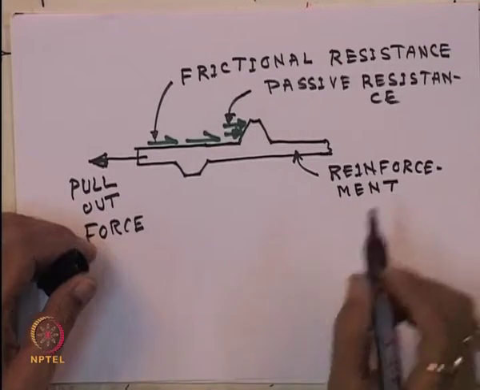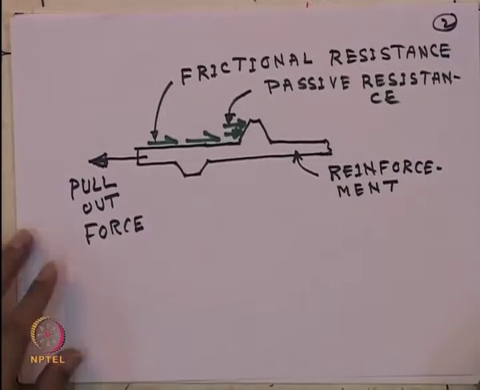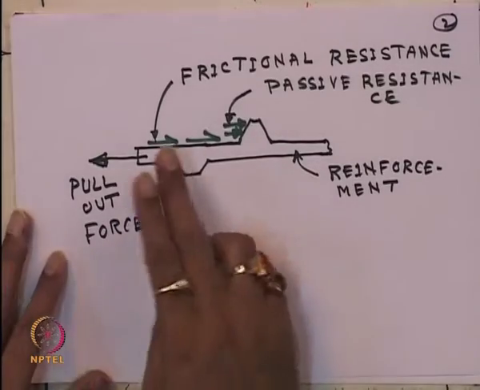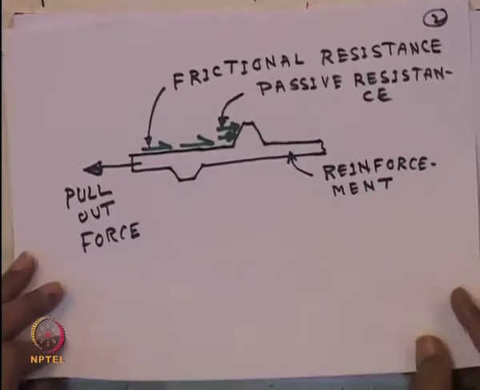So when it is pulled out, there is frictional resistance and the passive resistance. Every geogrid material also has a longitudinal direction and also a transverse direction. So let us draw a geogrid material, say like this.